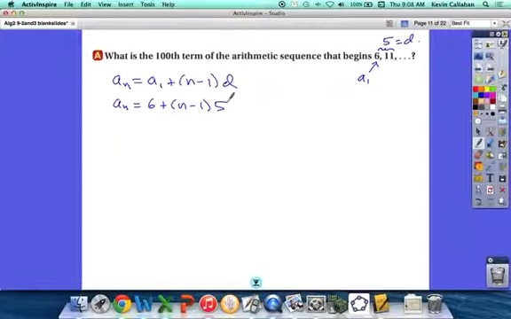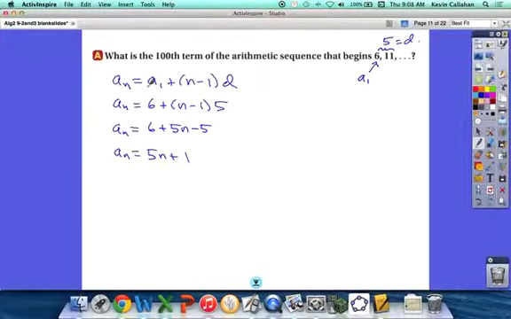Now that can be simplified. a_n equals 6 plus 5n minus 5. a_n equals, combine the like terms, 6 minus 5. So it's 5n plus 1. So that's a formula for any term in the sequence. Now, if I want to find the 100th term, what would I do?